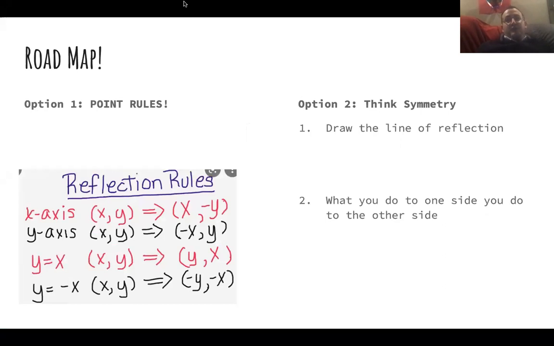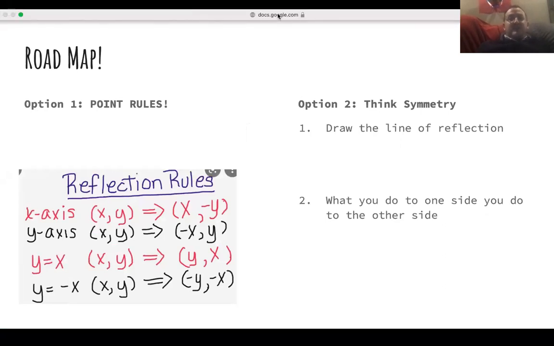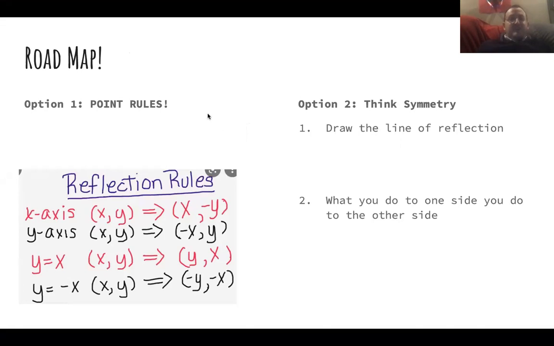There are really two ways that you can do reflections. The first thing to think about with reflections is the point rules. Let's say that I'm reflecting across the x-axis.